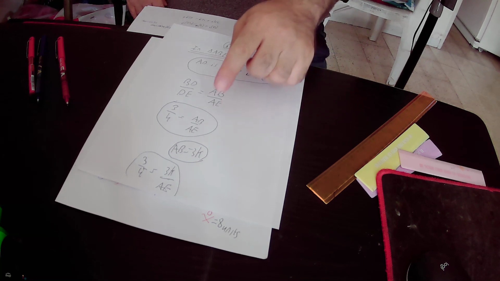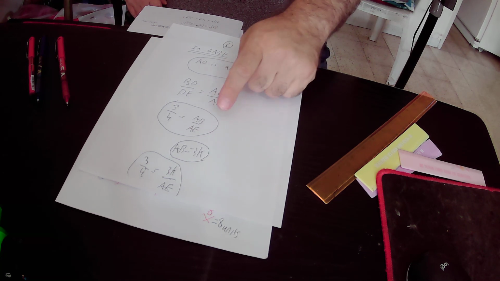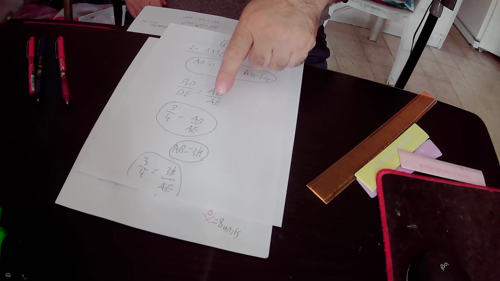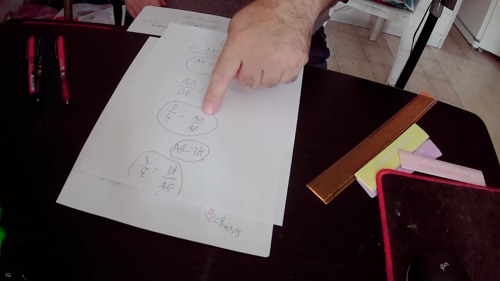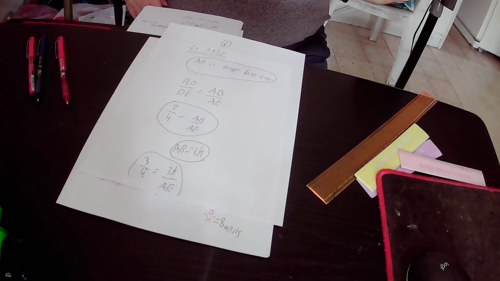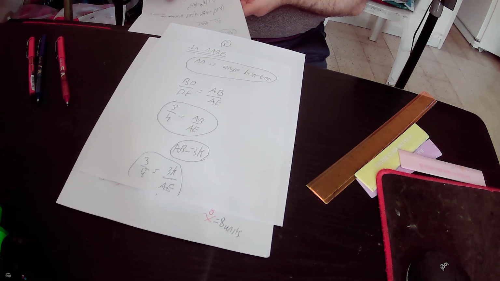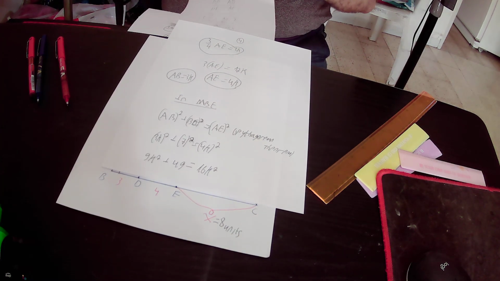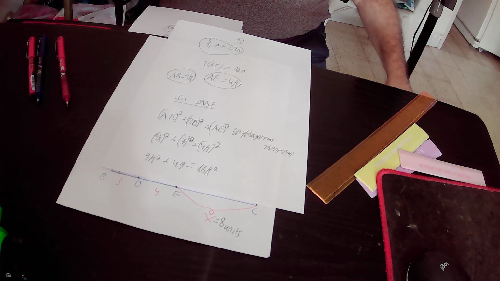And if we define AB as 3K, then the value of AE will be what we get after we substitute AB by 3K. From this equality we got that AE equals 4K. So if AB equals 3K, then AE equals 4K.